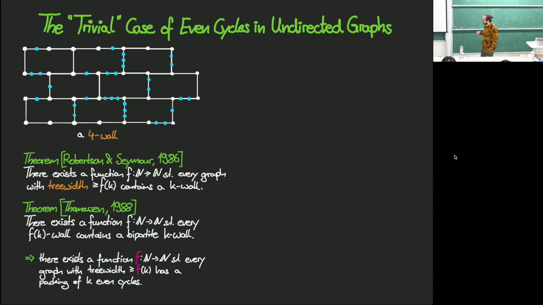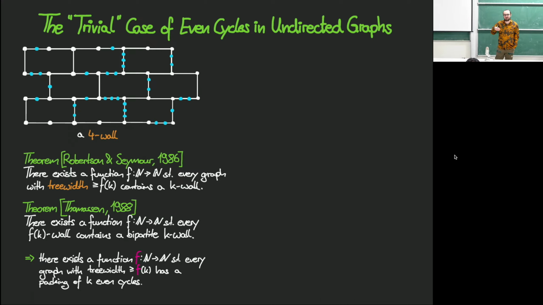And here's a slight alternative version of this by Thomason. He proved 2 years later that if you have a large wall, then in particular you can find a bipartite subwall in there. So you can get rid of all the odd cycles in the wall, which can occur because you can subdivide, and you find something that's bipartite. You can find something even stronger where all of the degree 3 vertices in the wall belong to the same color class.